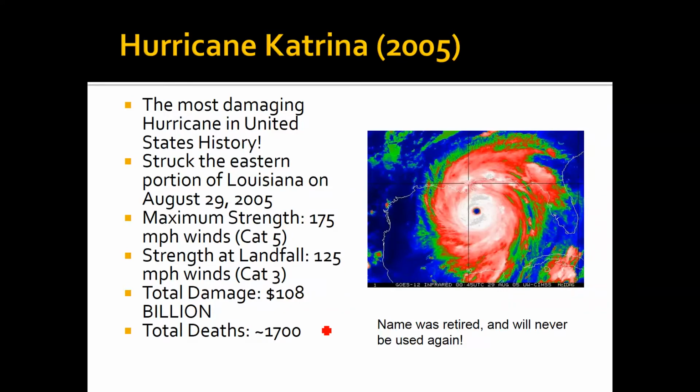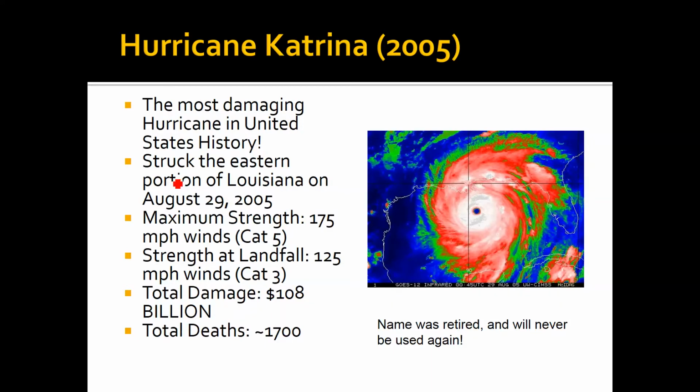The day before, it had maximum sustained winds of 175 miles per hour, putting it in Category 5 status. When it made landfall, its winds had weakened a little bit. It was undergoing what's called an eyewall replacement cycle, and that caused its winds to weaken to 125 miles per hour. Its total damage in 2005 dollars, so this would be higher in today's dollars, was $108 billion in damage.